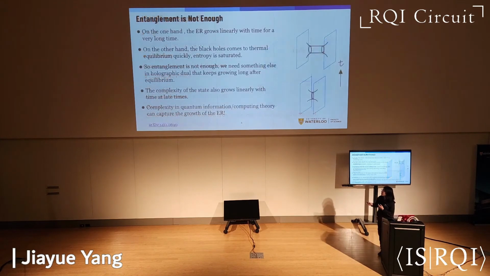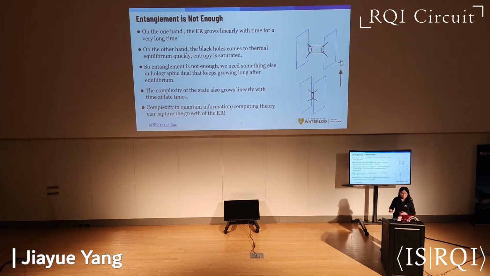And here, I want to say that the entanglement entropy is not enough. This idea was first proposed by Susskind in 2014. He considers two-sided AdS black holes, and at time equal 0, the two horizons meet together, and the volume of this wormhole, or the volume of the black hole interior, is 0.